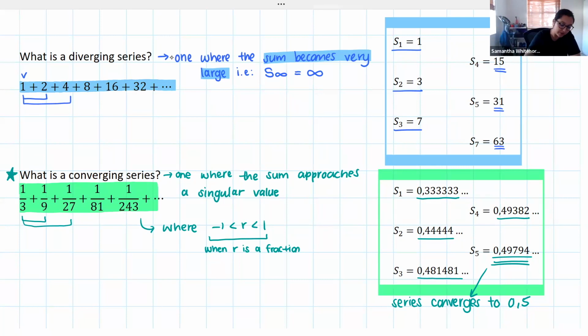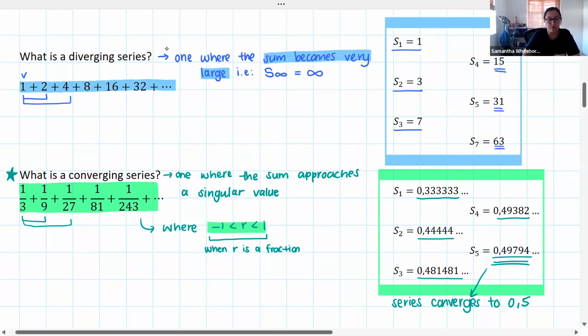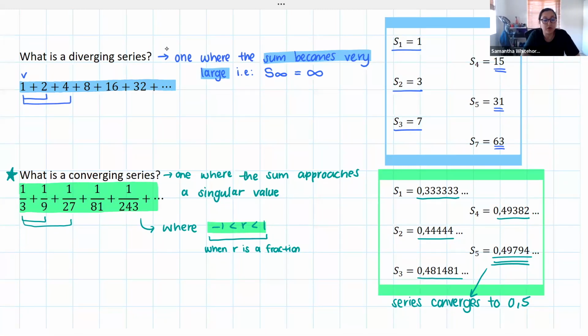So this point of the range of r is also really important. And that range, I would really encourage you to remember, because we often ask questions that rely on you remembering that the r value must fall between those two numbers. And we're going to do some questions like that a bit later.